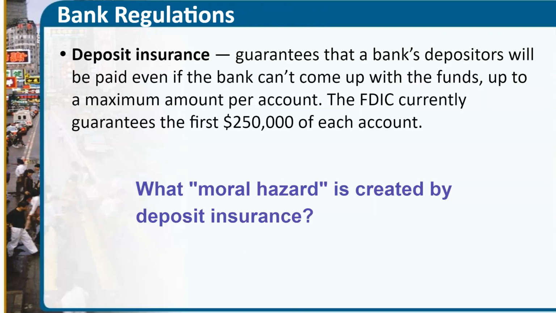Now, there is a moral hazard associated with this in terms of these requirements, and that is because all banks have to have deposit insurance. The Securities Act of 1933 also said that if you're going to open, you have to have deposit insurance that at the time insures each account for a consumer or a company account up to $100,000. Now, today it's $250,000, this insurance.